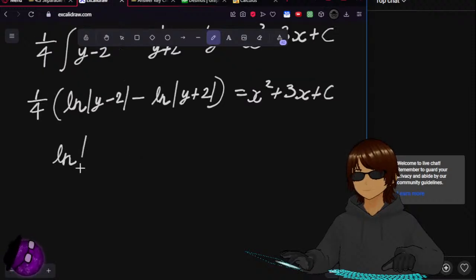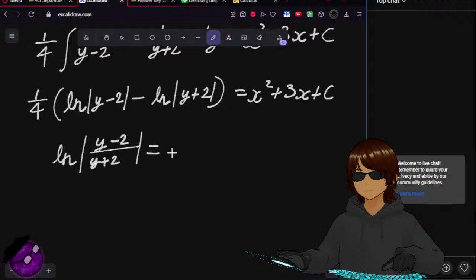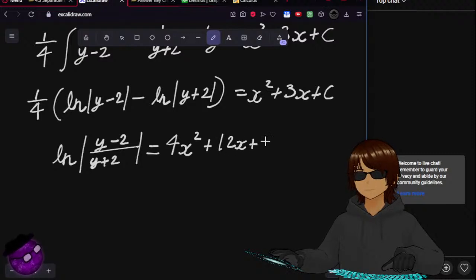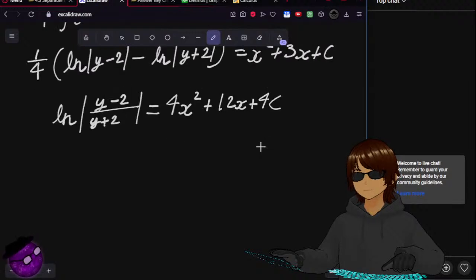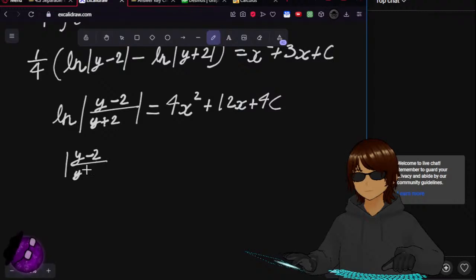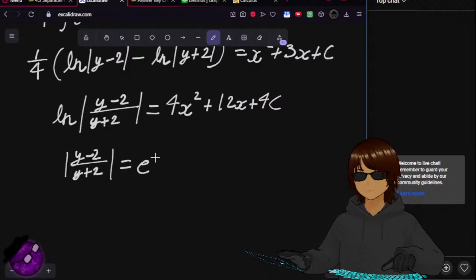Then ln of... 4 times 3 is 12. And multiplied by D.